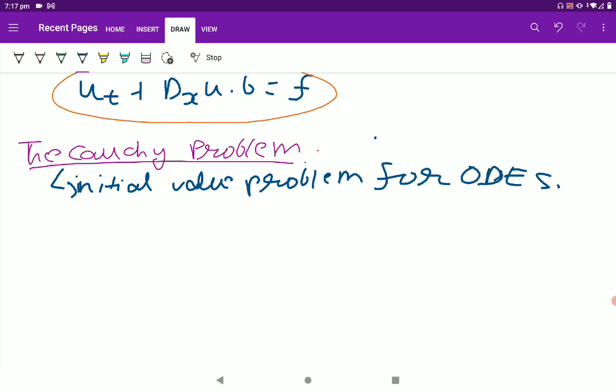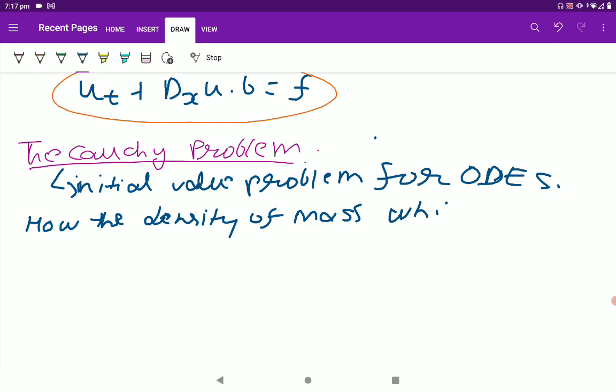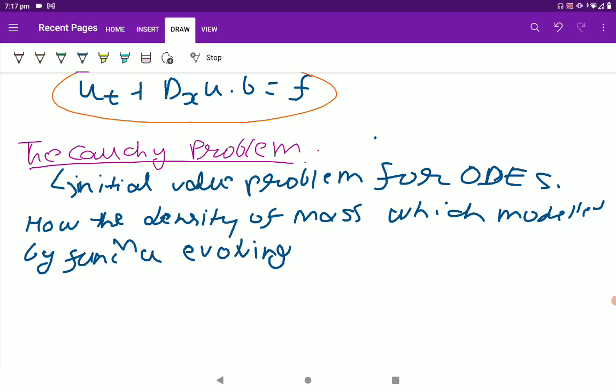So how does the density of mass, which is modeled by function u, evolve from the starting datum? Our main aim is to determine how the density of mass, which is modeled by function u, evolves from the starting datum.